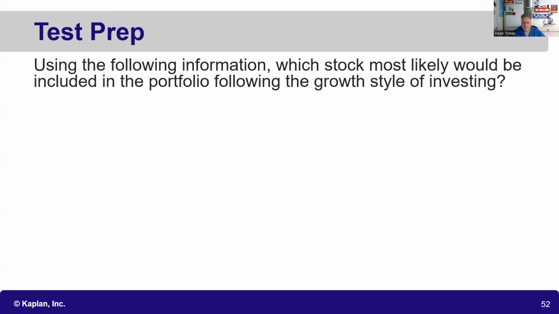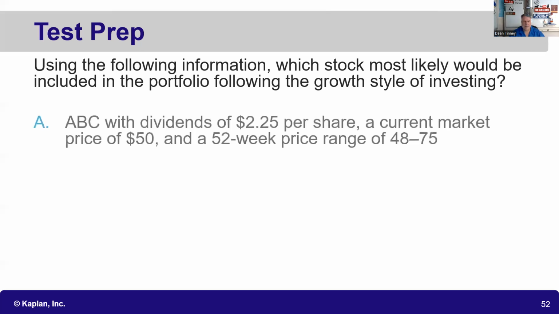I'm into it for price appreciation, being able to sell it to someone else for more than I paid for it. I'm thinking a higher price earnings ratio because I think earnings will grow and that will be justified later on by higher earnings. The opposite would have a higher dividend payout ratio, a higher current yield, a lower PE, because the opposite would be value. Okay, so let's see what our answers are.